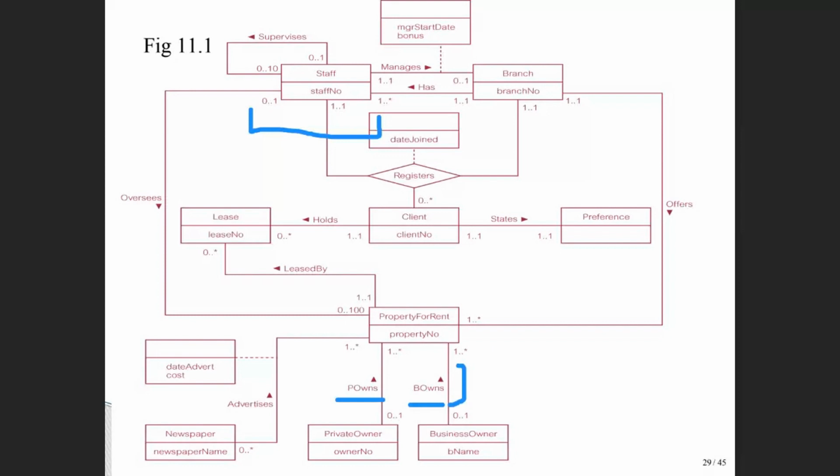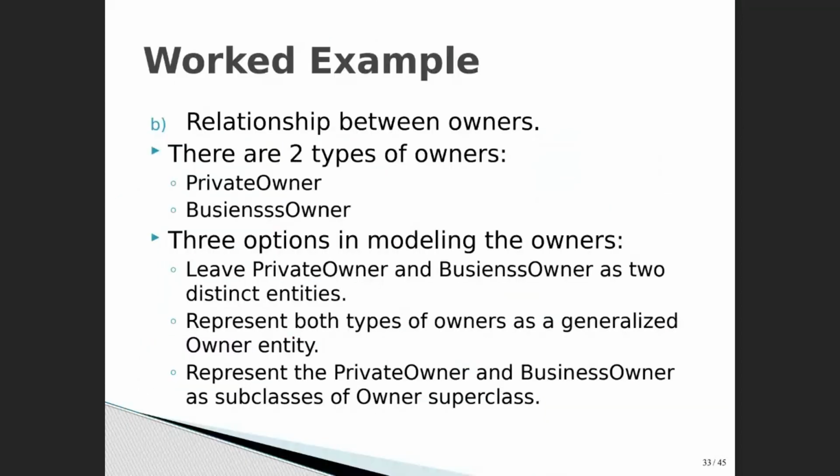Actually, we can enhance it to add more information, like owner as a superclass and private owner and business owner as subclasses. Okay, so let's see how it will become. There are two types of owners, private and business owner. And we also have three options to represent these owners.